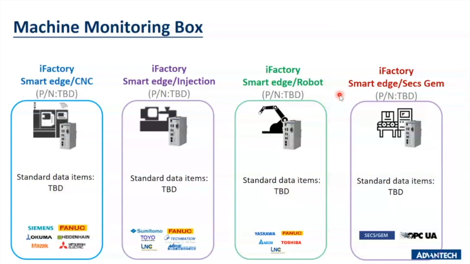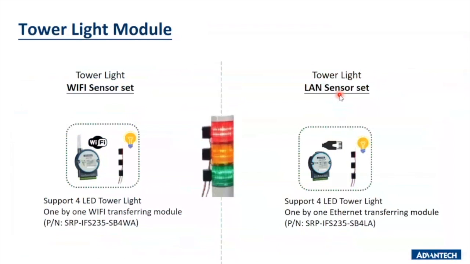So this is a tower light module that you can utilize to collect your tower light information very easily. What headquarters and our engineering department have designed is this: last time, we usually needed to break into the tower light and connect to the tower light relay with the digital input. So there is some intrusion to the machine, and some customers may not like the idea, because this may impact them and they need to stop their production.